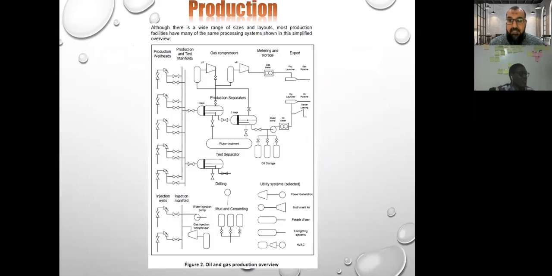This is also a simple diagram of the processing systems in most production facilities. In the first diagram here, you will find the production wellheads. This kind of symbol is a valve. Let me illustrate it by annotation so that you will understand where I'm speaking.